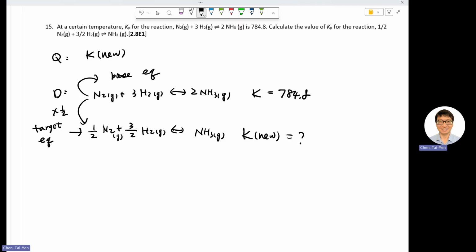So based on this, you should know that your new equilibrium constant should relate to the original equilibrium constant raised to the 1/2 power, right? So no matter what coefficient you multiply, it goes to the exponent part. Therefore, this will simply equal this, which is going to give you a value of 28.02.